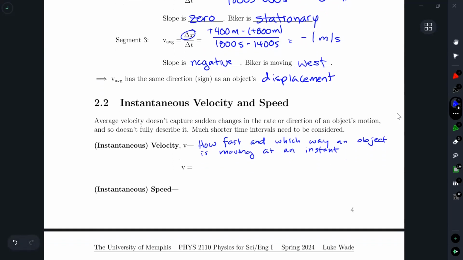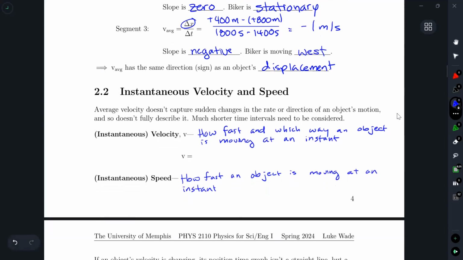Instantaneous speed, I'm going to skip that v equals for just a second, is just how fast an object's moving at an instant. It really is, in this case, directly related to the instantaneous velocity.